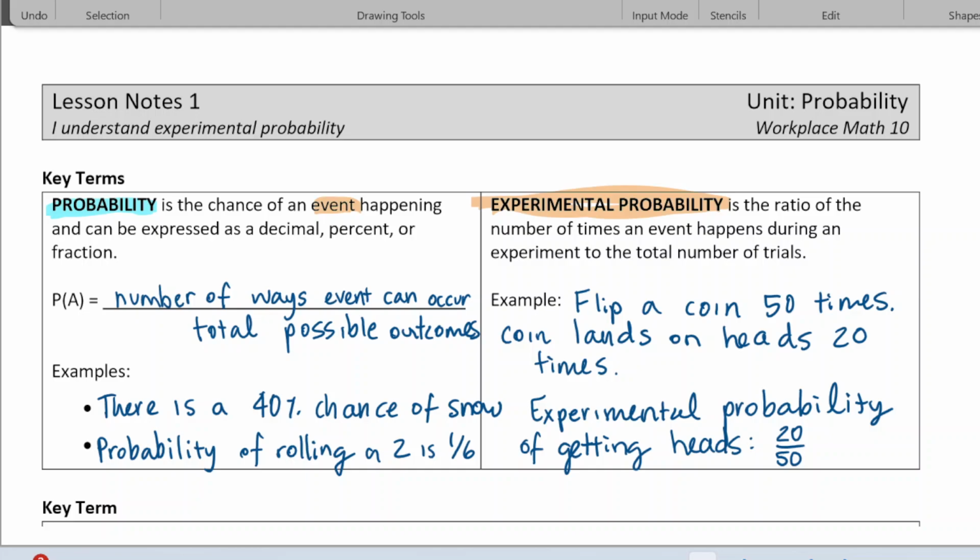So we can reduce that. We divide by 10. So a head showed up 2 out of every 5 times, or that's 40% if you change it to a percentage.